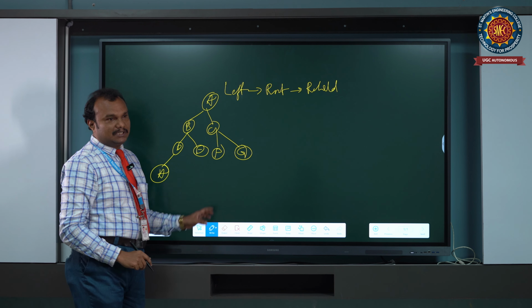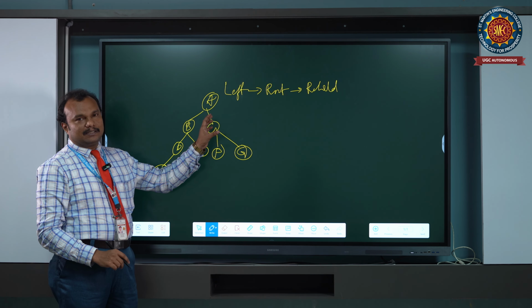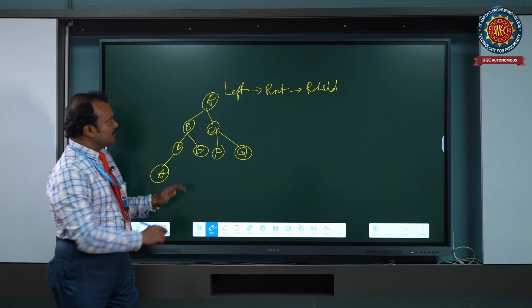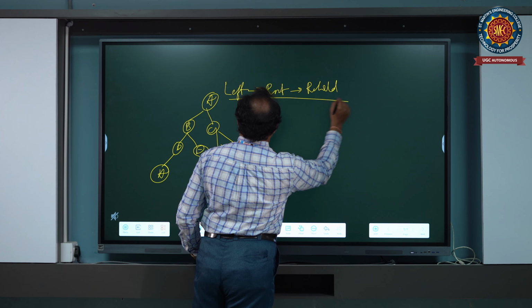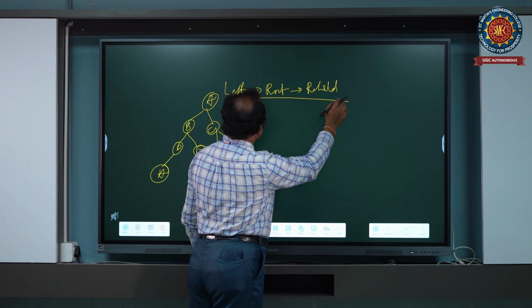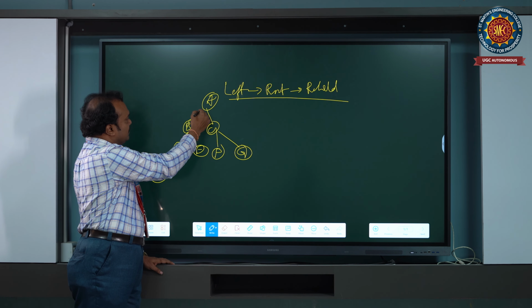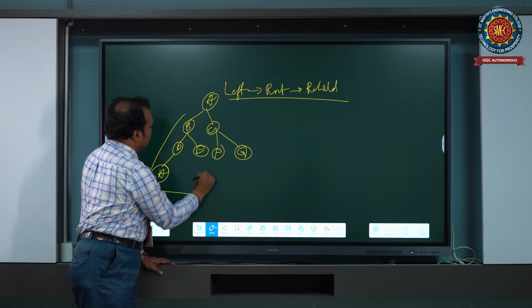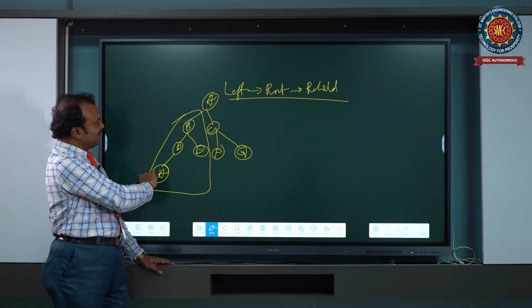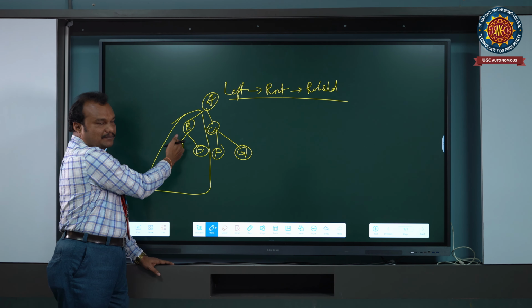Now in this tree, if we apply in-order traversal, the visiting order will be left child, followed by root node, followed by the right child. First, coming to the root node, it goes to the left sub branch. In the left sub branch, once again it visits the left sub branch.